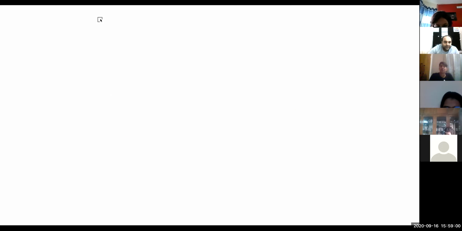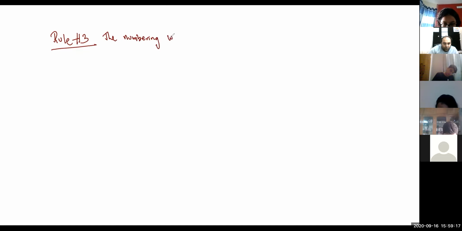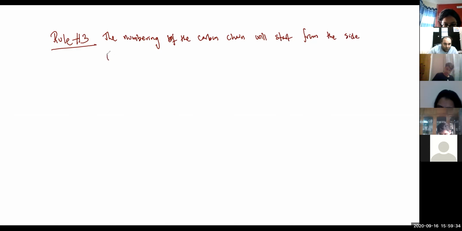Okay, next is rule number 3. The numbering of the carbon atoms of the carbon chain will start from the side whichever will give the branch the lowest number.